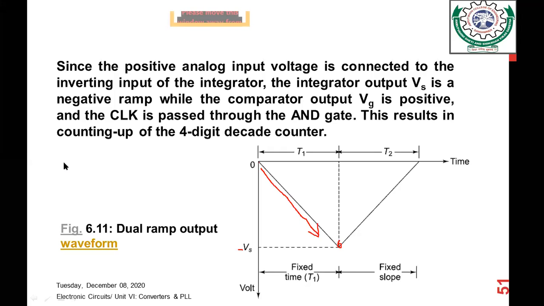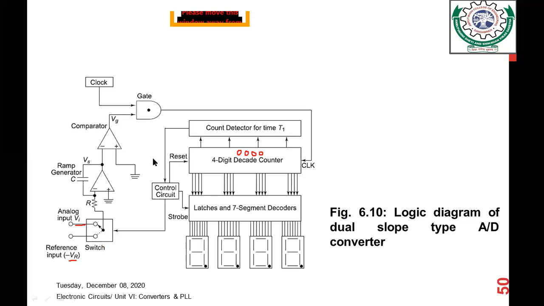When the count reaches the fixed count at time period T1, the count detector gives a signal to the control circuitry, which in turn resets the counter to 0.